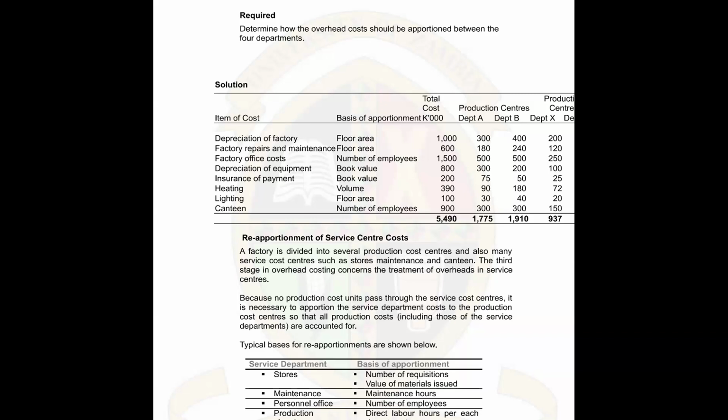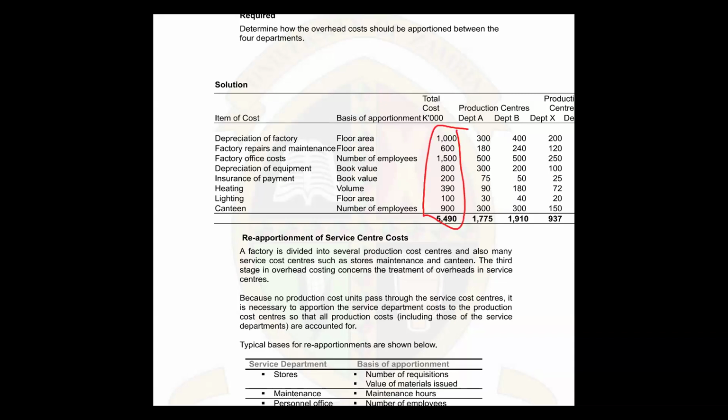Overhead cost apportionment. Basically, distributing these costs, for example depreciation of factory repairs and maintenance, factory office costs, depreciation of equipment, insurance payment, heating, light, and canteen services.